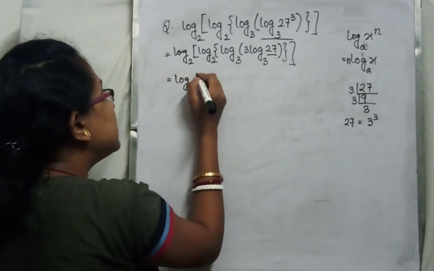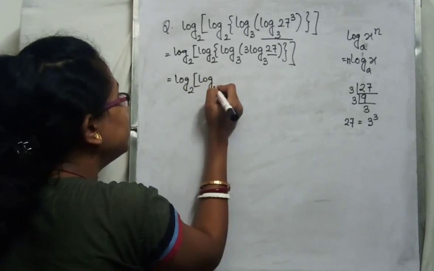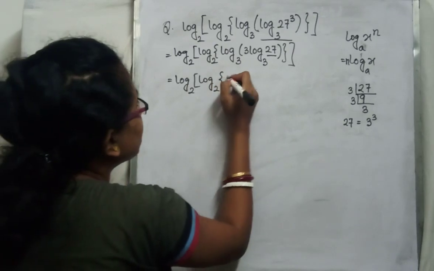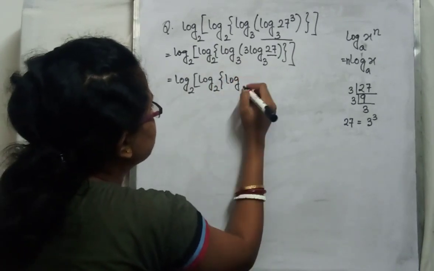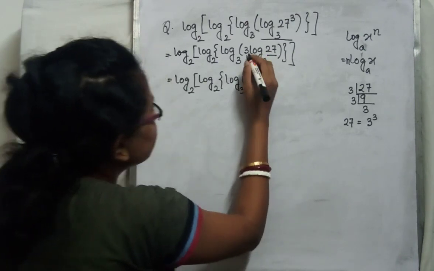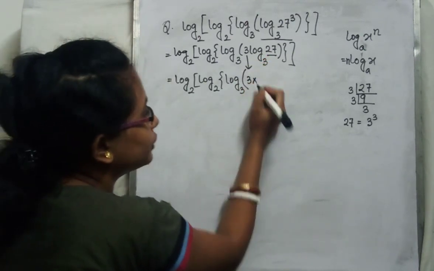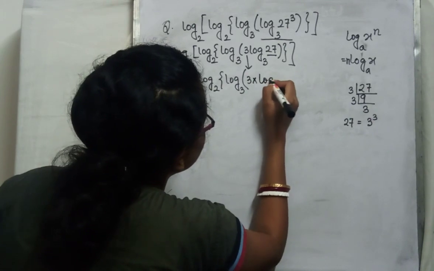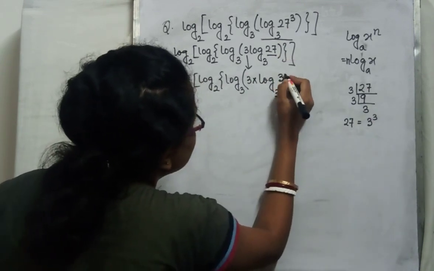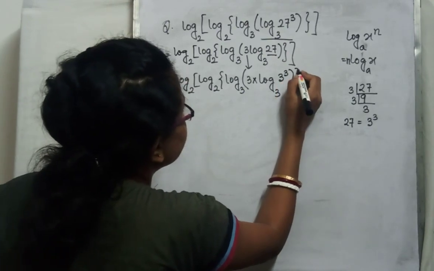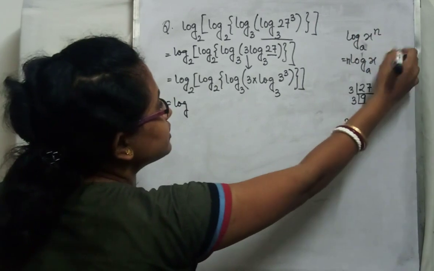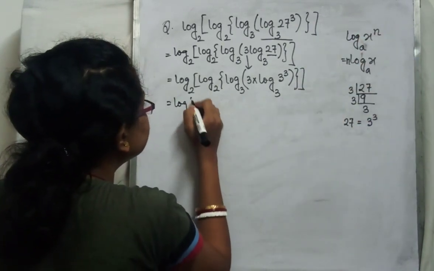The next line, I'm just repeating the left side, so it will be 3 here, into log base 3, and 27 written as 3 to the power 3. And the next line, again we are using this formula.